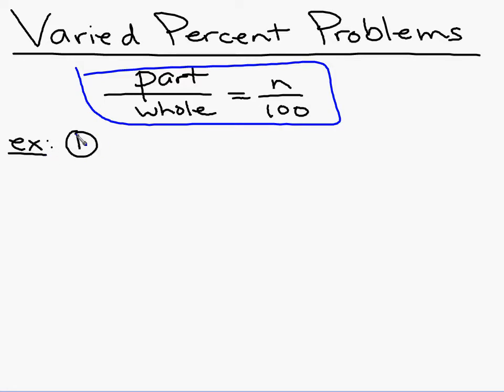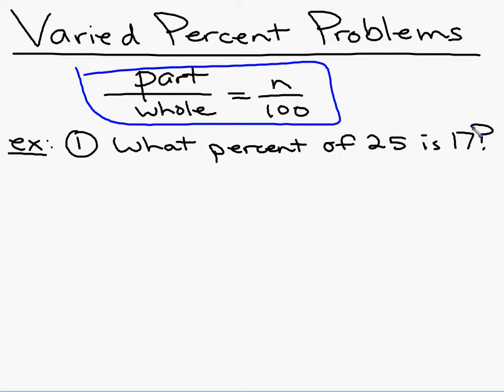Number one, what percent of 25 is 17? So our first step is the same. Let's write down our formula. Part to whole equals n to 100.